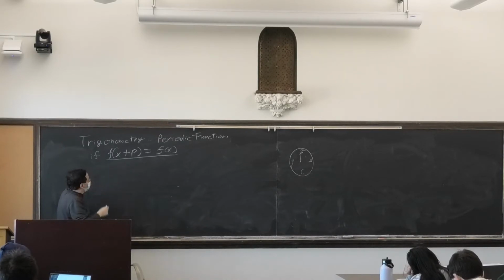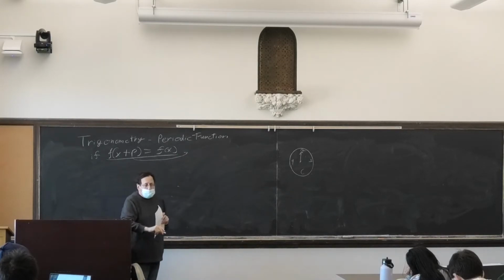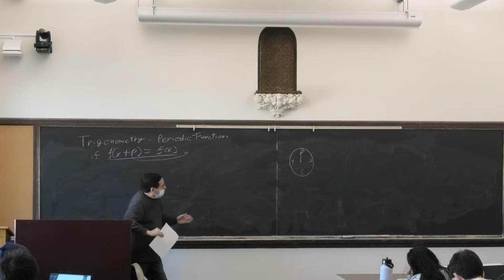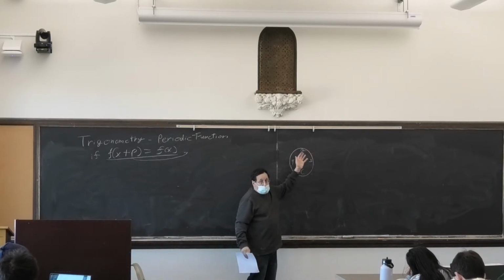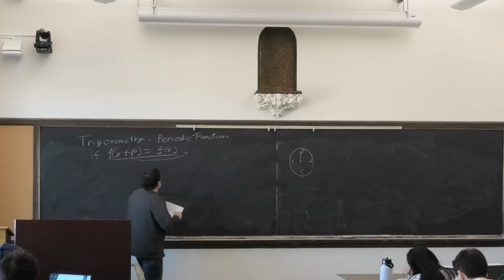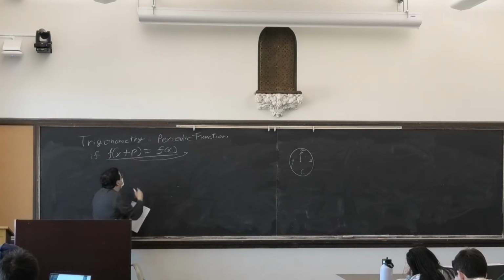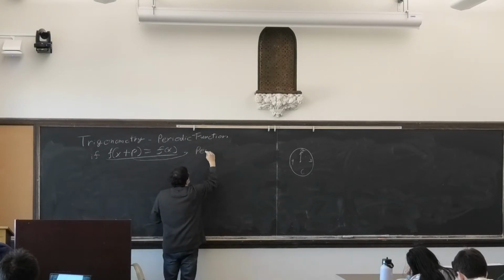Now, this p is not unique. See, I can come back in 12 hours, or I can come back in 24 hours, 36, 48 hours. So some texts will call p a period of the function.